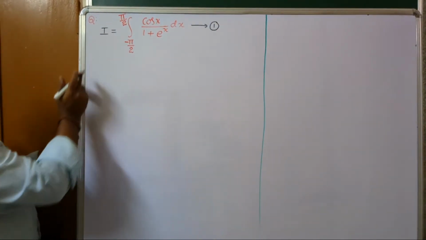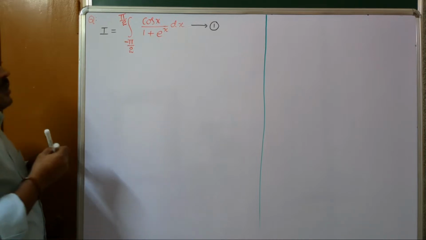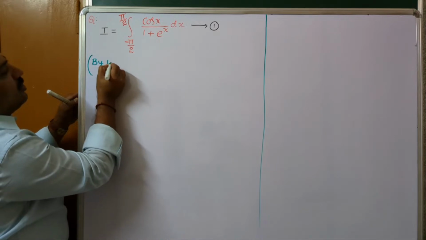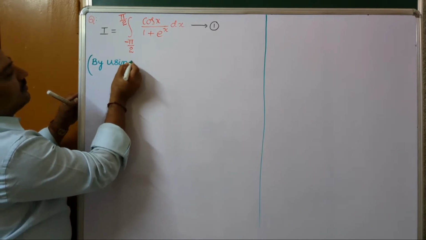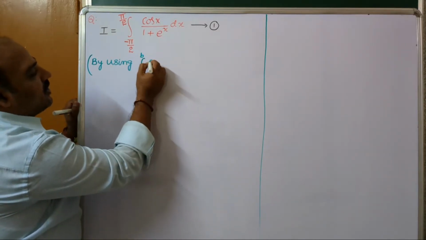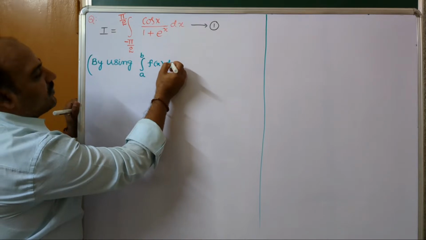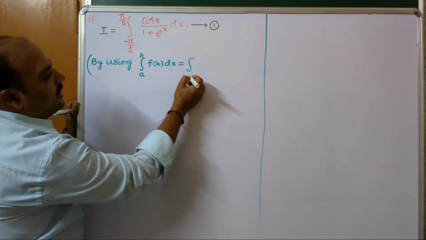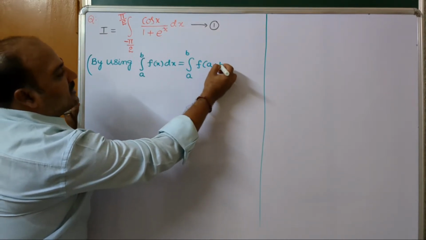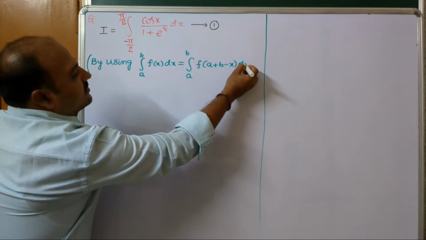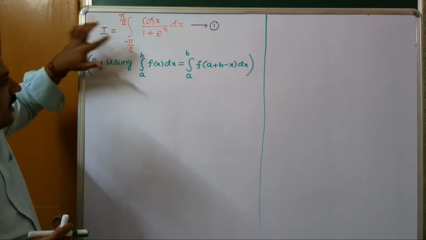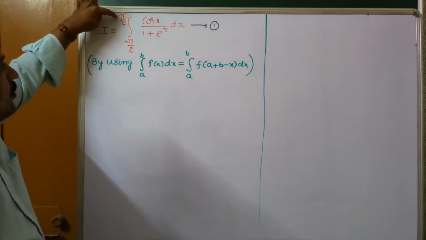After that, by using the property integral a to b f of x dx is equal to integral a to b f of a plus b minus x into dx, where a is equal to minus pi by 2 and b is equal to plus pi by 2.